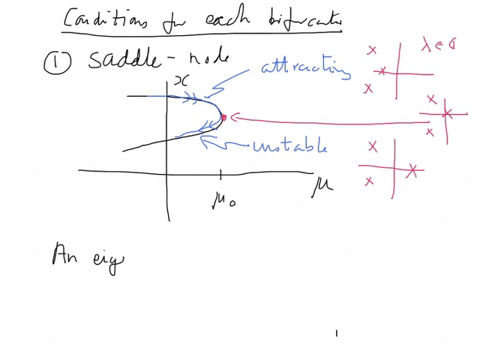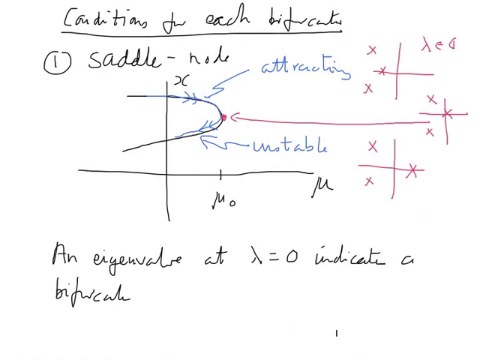So an eigenvalue right at lambda equals 0 indicates a bifurcation. But it is the structure of the nature of the fixed points in the x mu space that tells us that it's this type of saddle node bifurcation.